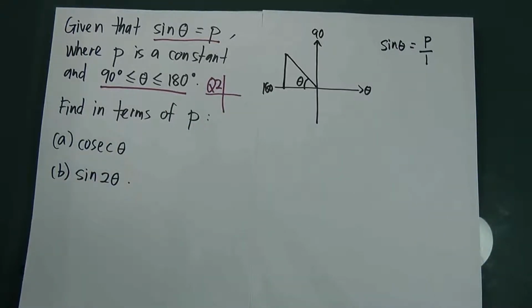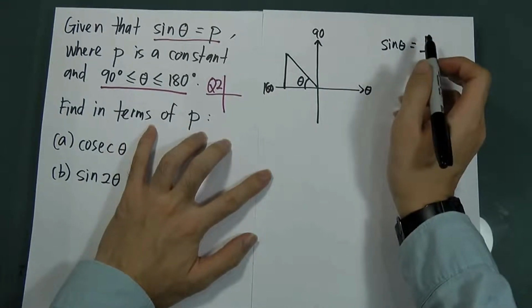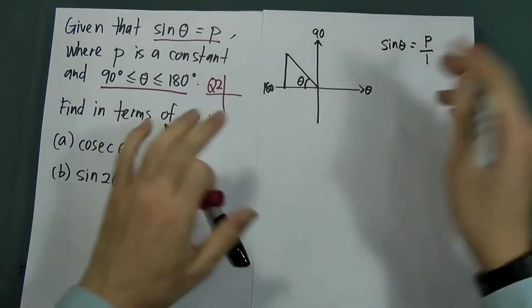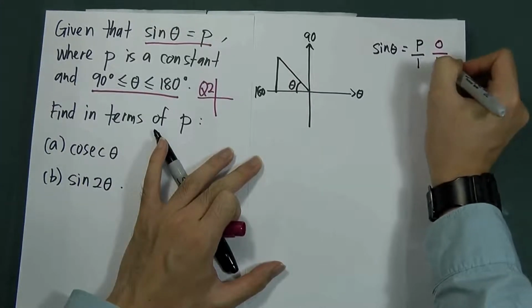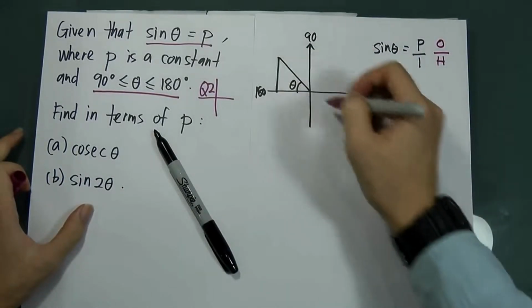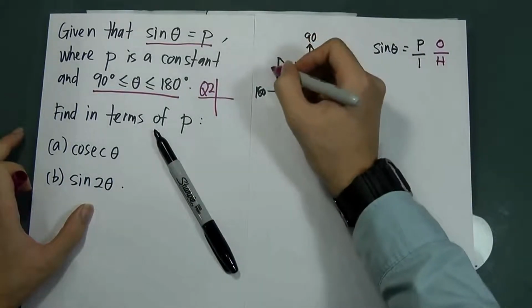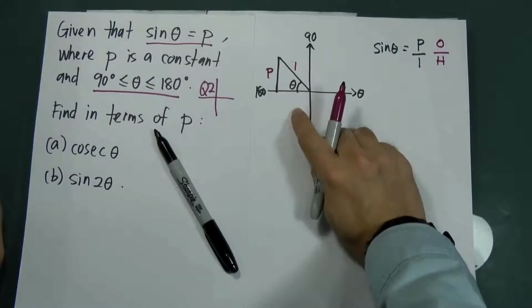So P over 1 is P, this makes sense, correct or not? Since sine angle is opposite over hypotenuse, from here I know the hypotenuse is 1 and the opposite is P. This is the information you must get.